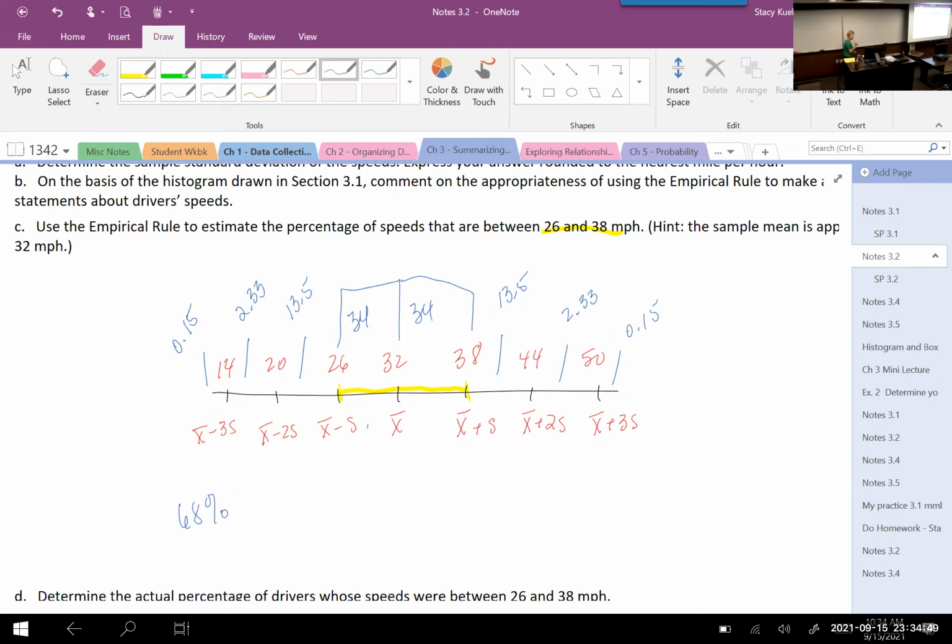Now, the reason this says estimate is because it's a mathematical calculation, and that mathematical calculation doesn't always line up exactly with the real world, but it'll be close. It's enough for an estimation.